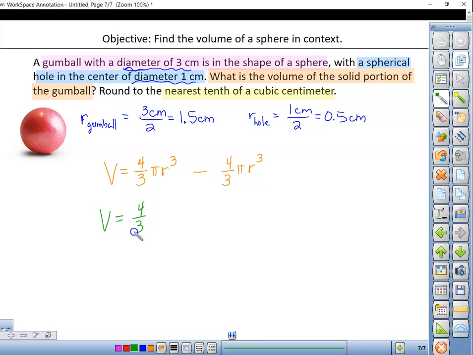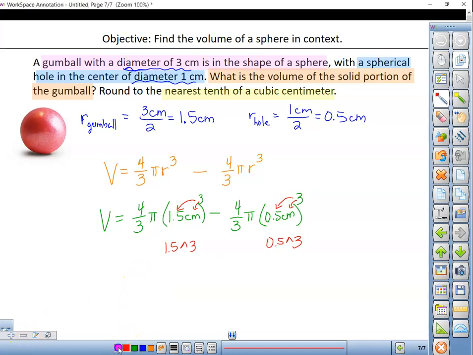So I have 4/3 times pi times the radius of the gumball, 1.5 centimeters, and I'm going to cube that, minus 4/3 times pi times the radius of the hole, which is 0.5 centimeters, and I will be cubing that also. So I'm cubing the 1.5 and my centimeters, cubing the 0.5 and my centimeters. In the classroom calculators, you have to use the caret key, followed by the exponents. 1.5 exponent 3. And here would be 0.5 exponent 3. All right, so let's use our calculators.